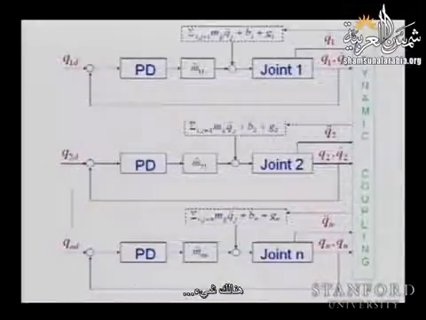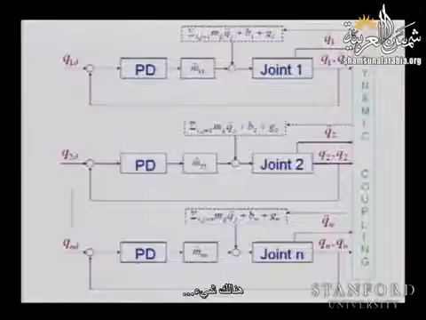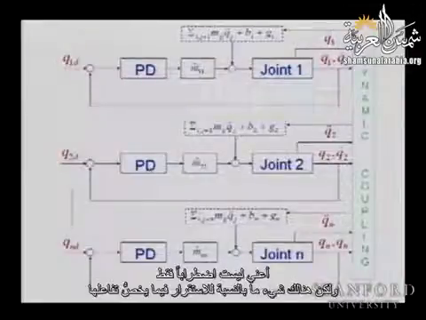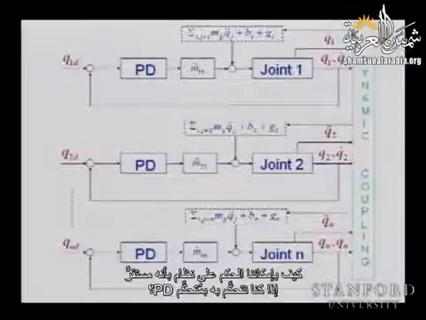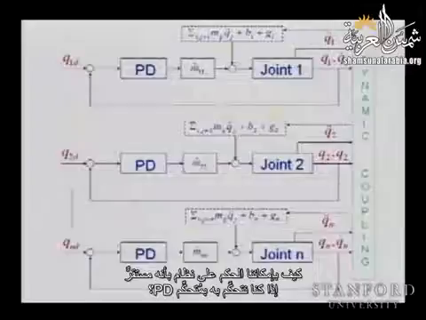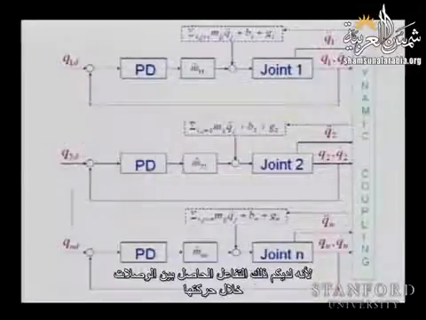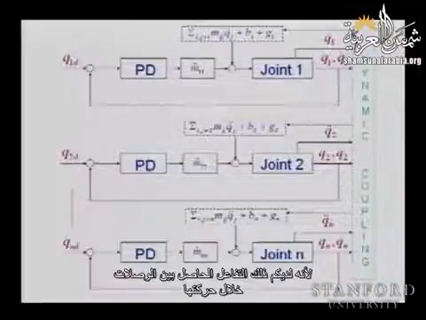So there is not only disturbance, but the fact that they are interacting, there is something about the stability. How can we say that this system is stable if we are controlling it with a PD controller? Because you have this interaction taking place between the links as they move.